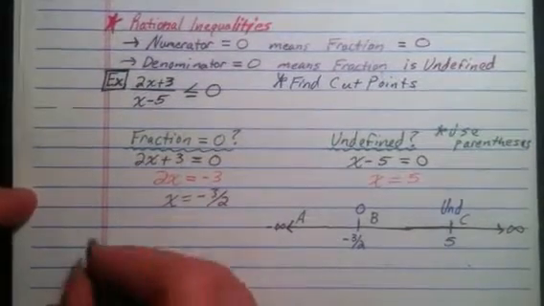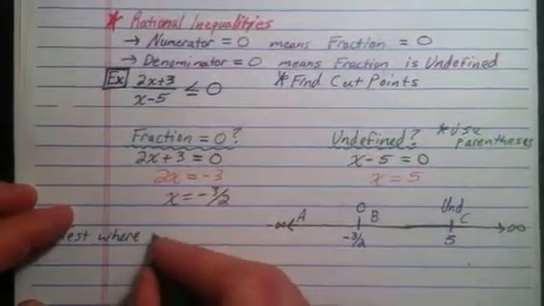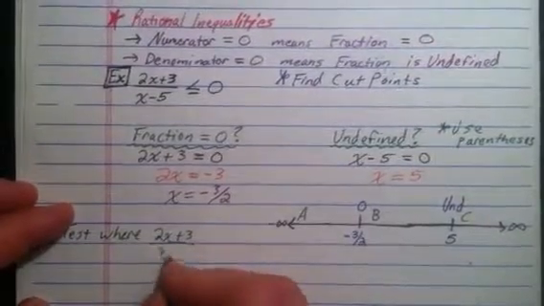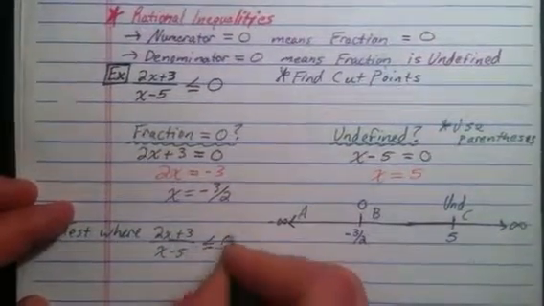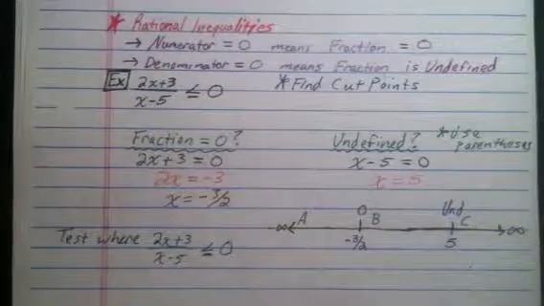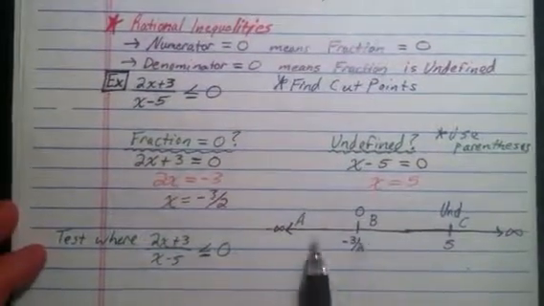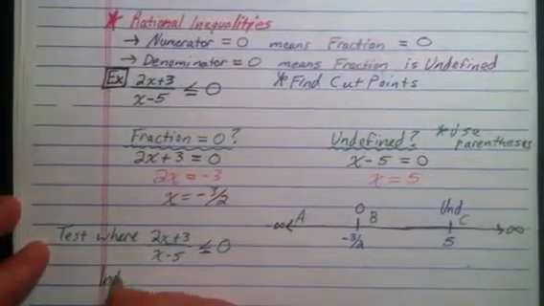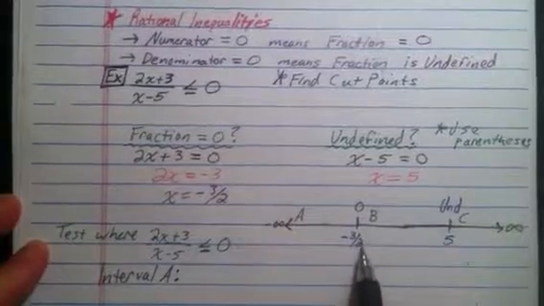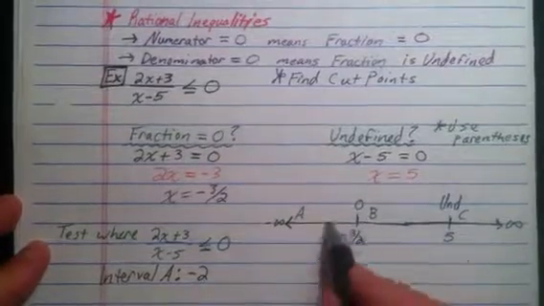All right, so now we want to test where our fraction 2x plus 3 over x minus 5 is less than or equal to 0. So we want to pick a value for region A, region B, and region C. So region A is anything to the left of -3/2. Okay. Well, -3/2 equals -1.5. So if we go to -2, that would be to the left of -1.5.